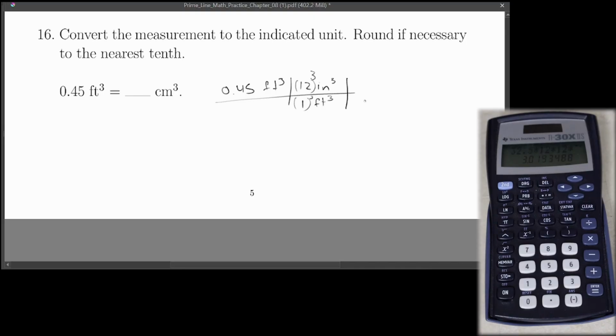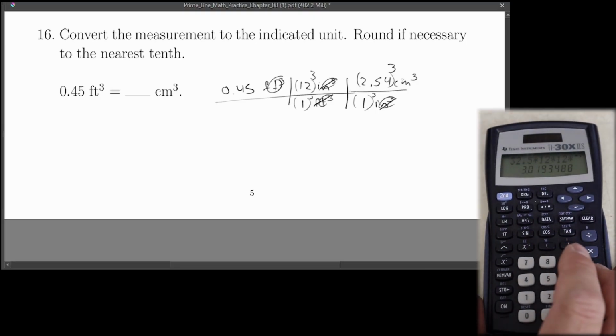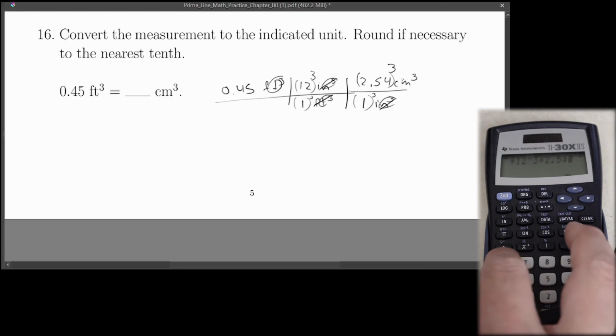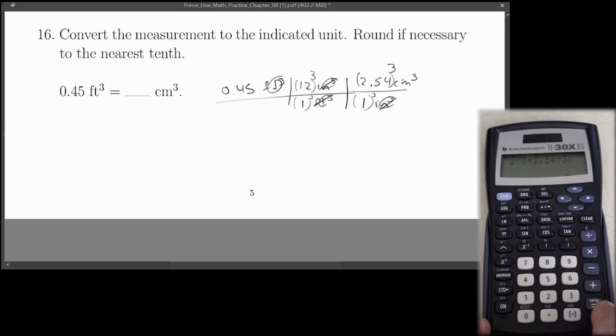Then we can say that 1 inch is 2.54 centimeters, and since we're doing it 3 times, we can cube it, and that will get us to our units of feet cubed, inches to inches cubed, leaving us centimeters cubed. So on our calculator, we can do 0.45 times 12 cubed times 2.54 cubed.